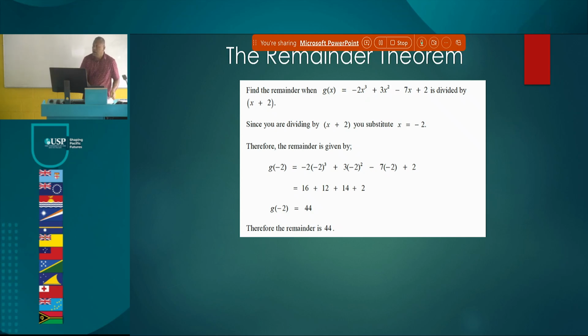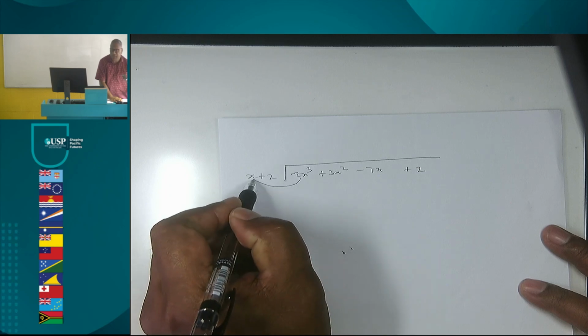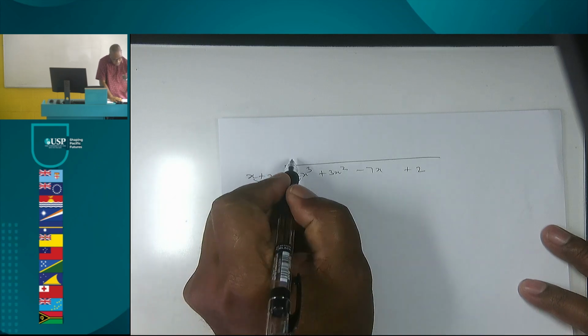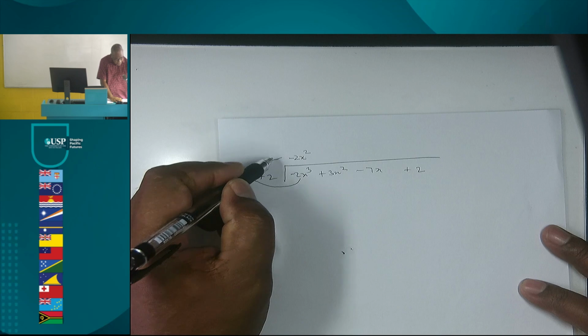Can we confirm that using long division? Let's do long division quickly. Let's see if we can get it. Negative 2x cubed divided by x, we get negative 2x squared, and we multiply it to both.